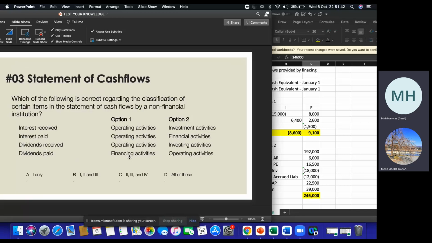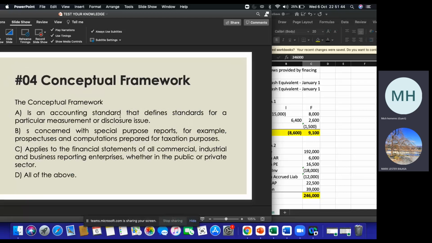Okay? Next, number 4. A conceptual framework naman tayo. The conceptual framework is an accounting standard that defines standards for a particular measurement or disclosure issue. Is concerned with special purpose reports, for example, prospectuses and computations prepared for taxation purposes. Applies to financial statement of all commercial, industrial, and business reporting entities, whether in public or private sectors.